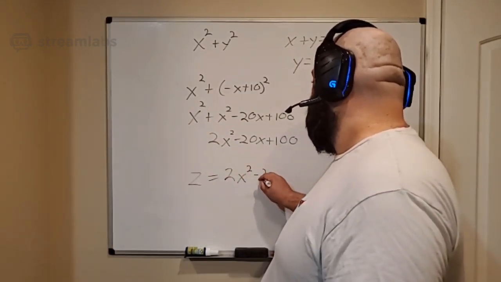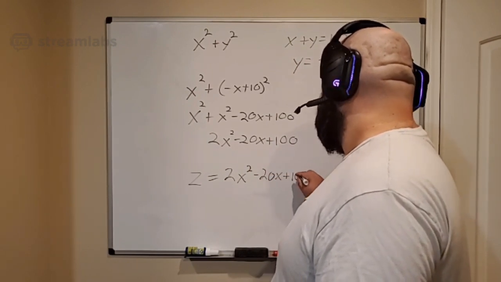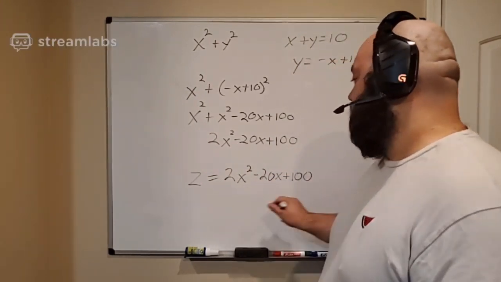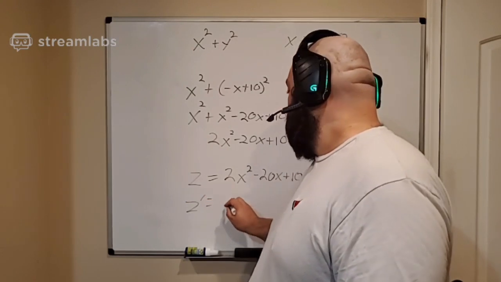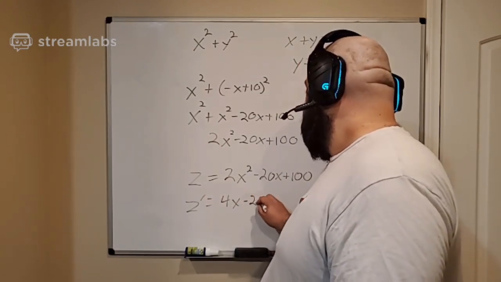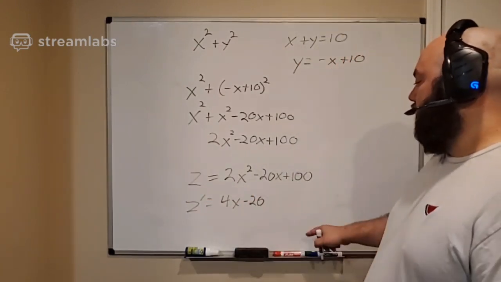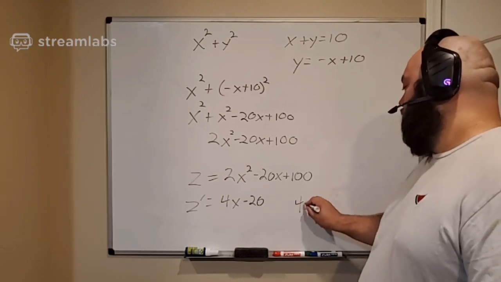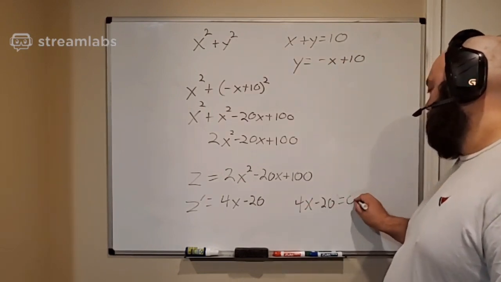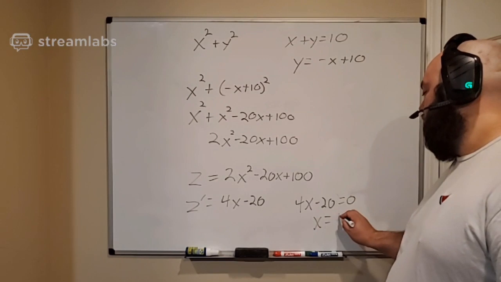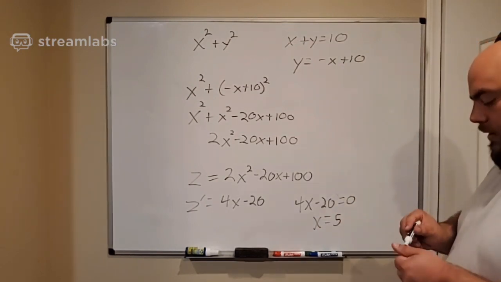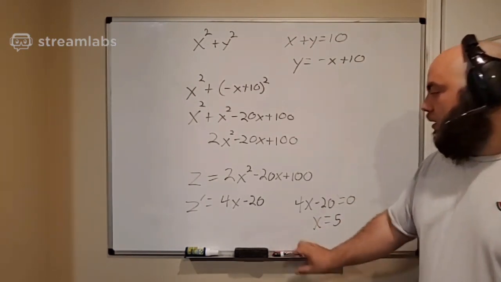Then z prime is 4x minus 20, set it equal to 0, which is how we've done everything. So you get x is equal to 5. So that is the work that we were looking for.